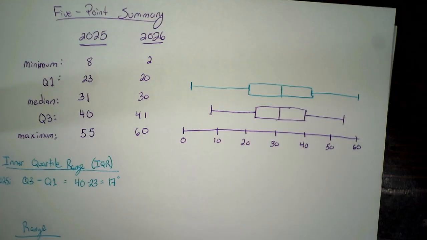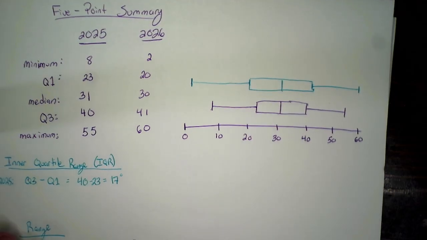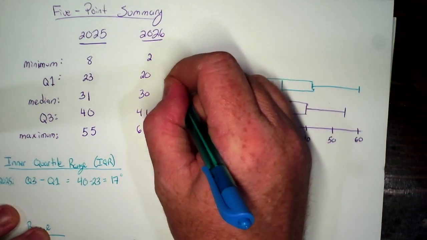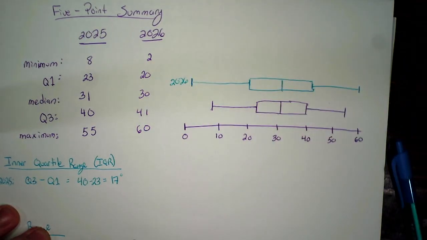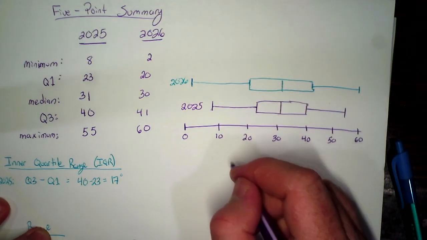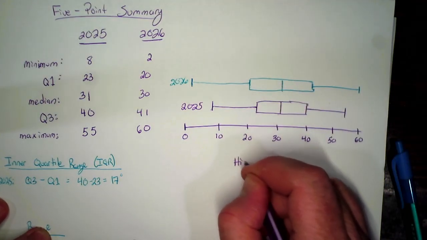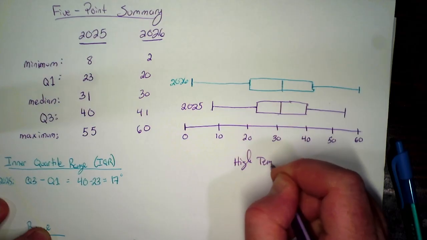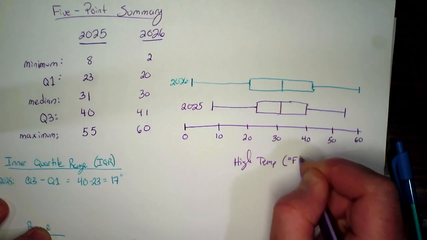Okay, so what can we tell from a box and whisker plot? Well, first of all, let's label some things here. This is 2026. This is 2025. Let's label this high temp in degrees Fahrenheit.